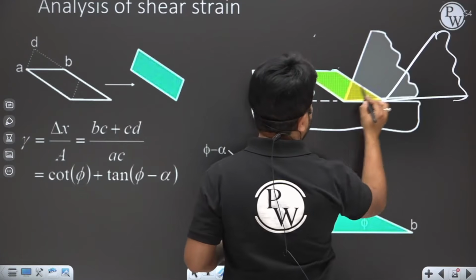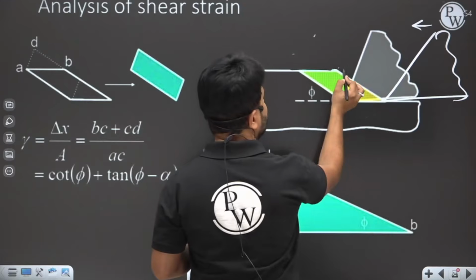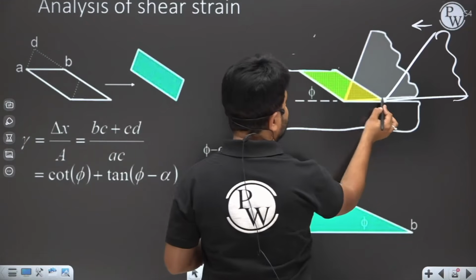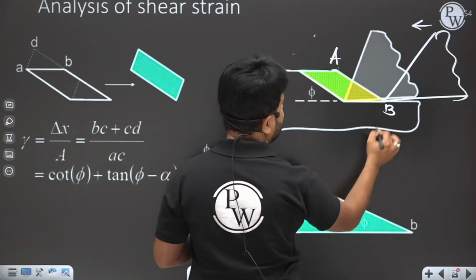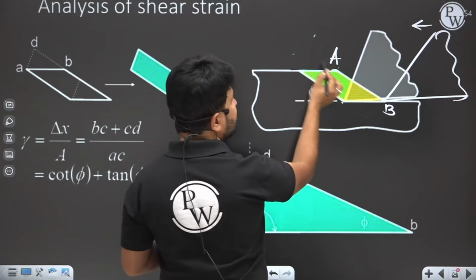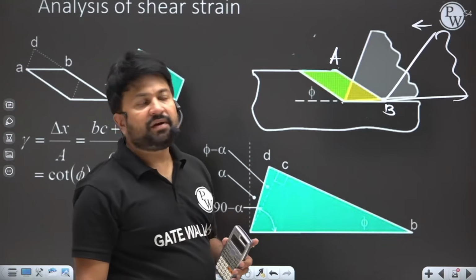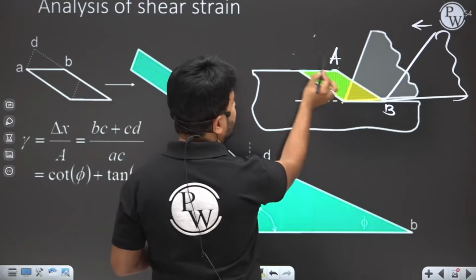This is the initial position of the tool. When the tool comes from here to here, you know this is AB, that is the shear plane. When the tool tip comes from here to here, then along the shear plane, that is in the primary deformation zone, what happened? This is the primary deformation zone.